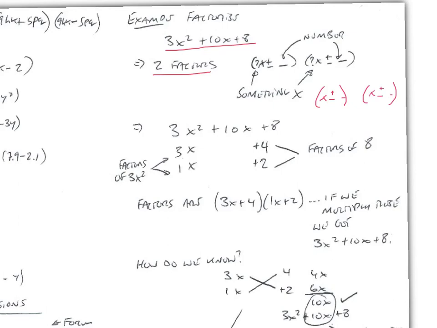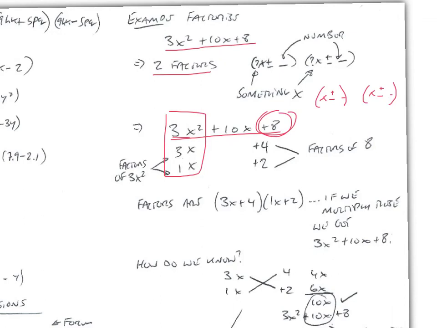Okay, and the way we do this is we write our quadratic expression, and underneath the 3x squared we write the factors of 3x squared, like 3x and 1x. 3x times 1x is 3x squared. Under the right-hand term, we write the factors of 8, and we could say 8 and 1, but we'll go with 4 and 2.